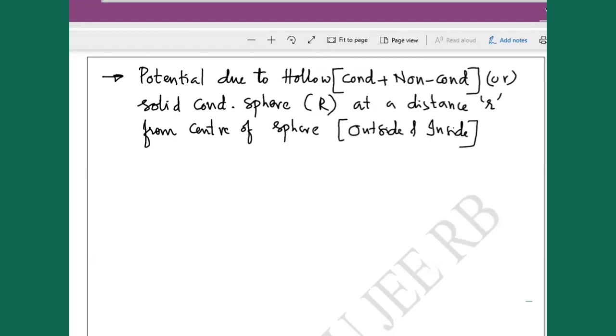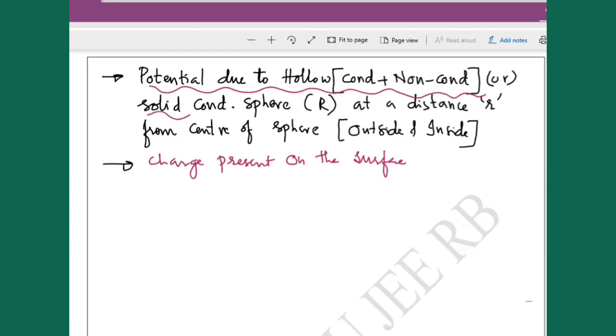Clear? Charge only on the surface. So here in this case, charge is present only on the surface, right? So this is nothing but the potential due to hollow conducting or solid conducting sphere, at a distance r from the center of the sphere.